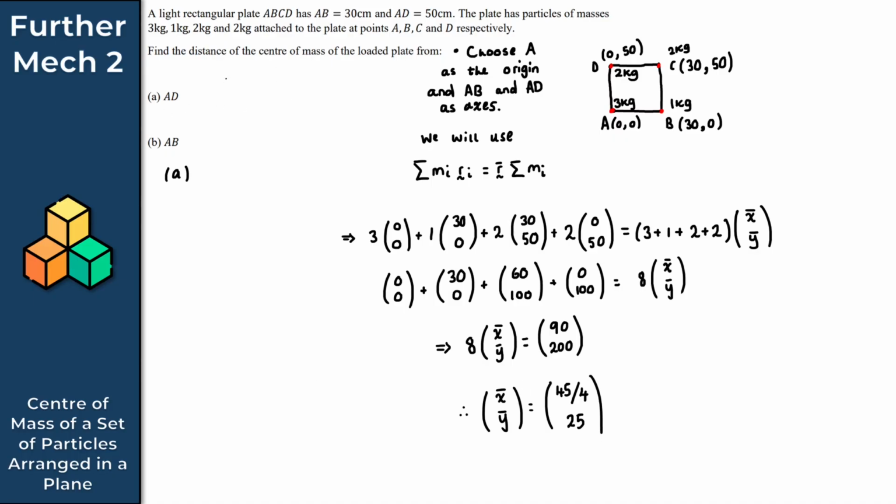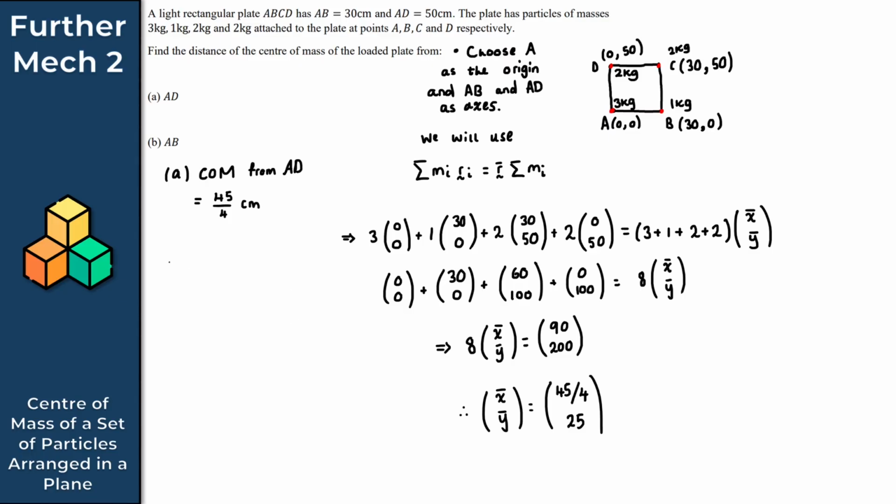So that would give us the distance of the center of mass of the loaded plate from AD. So COM, just meaning center of mass, from AD. So the center of mass from AD is equal to 45 over 4 centimeters. So don't forget the units here. We are working in centimeters. So 45 over 4 centimeters.